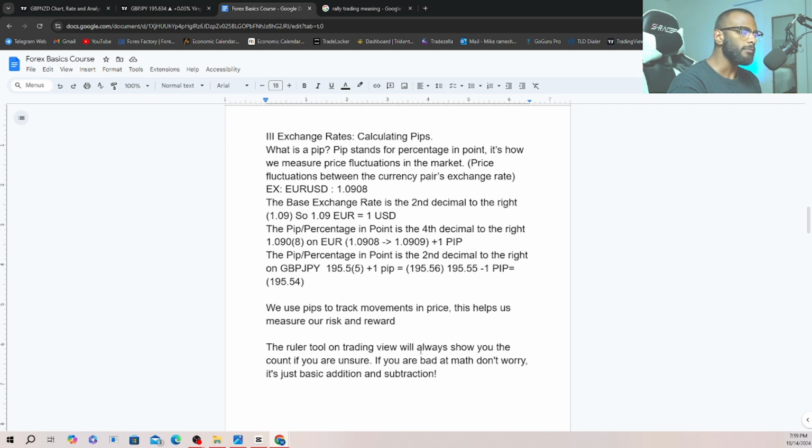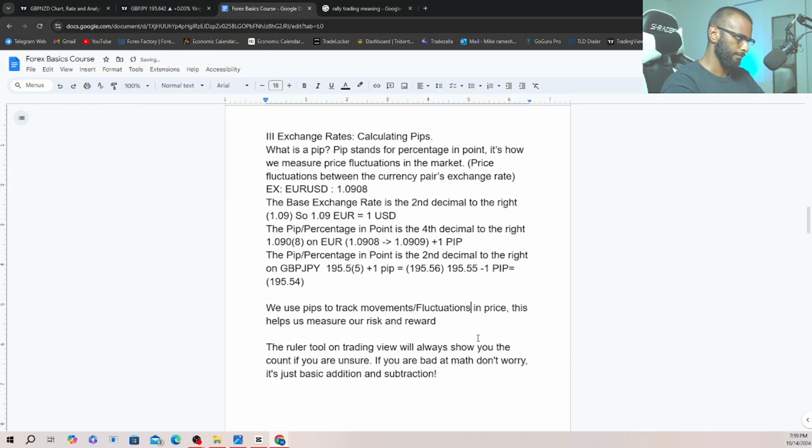Now, obviously, guys, we use pips to track movements in price. This is going to help us measure our risk to reward, which, don't worry, is going to be coming in a later video. But write all this stuff down or take a screenshot. We use pips to track the movements in price or the fluctuations in price.